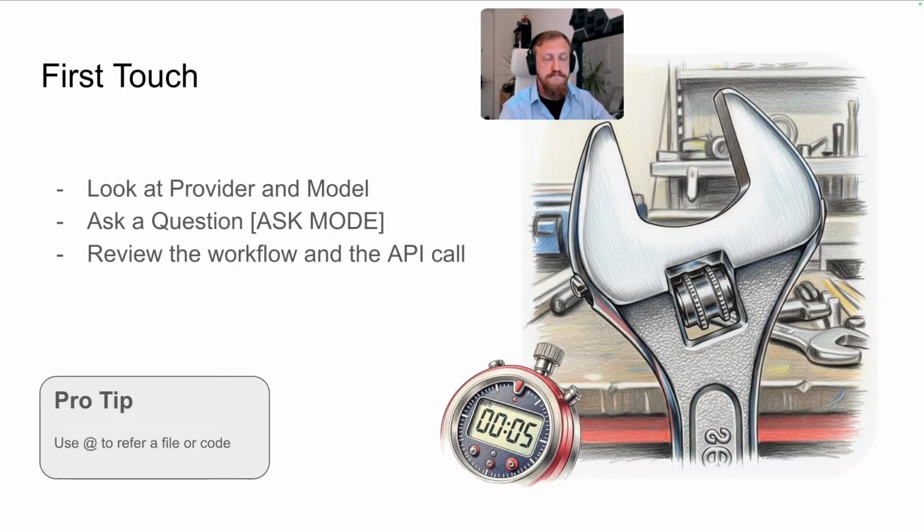Good. So we discussed how we are going to access the models. I will show how to set it up in a moment, and we are going to do our first touch. We will look at the provider and the model we are going to work with, and rename the profile, because I don't like default names. I will show you how to do it. We will ask a question in Ask mode.